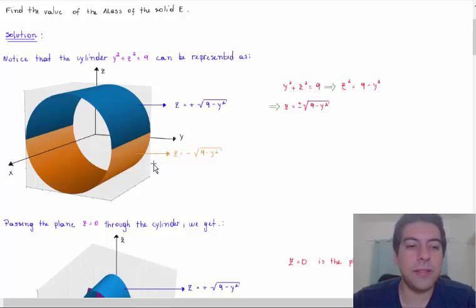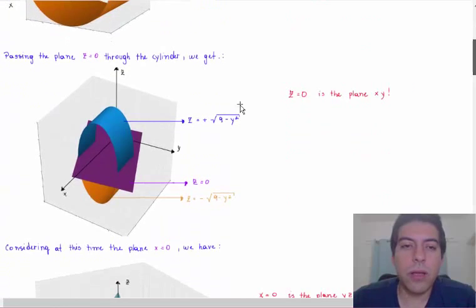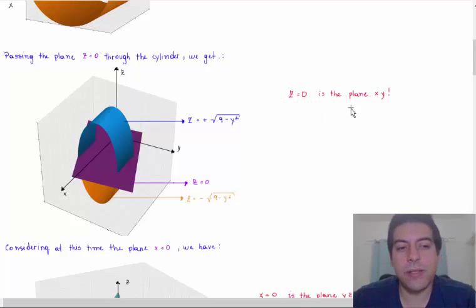We have 3 more planes to consider in this question. Let's draw the plane z equals 0. Since every point that has the third coordinate z equals 0 actually lies in the plane x and y, we have that z equals 0 is the same as the xy plane.